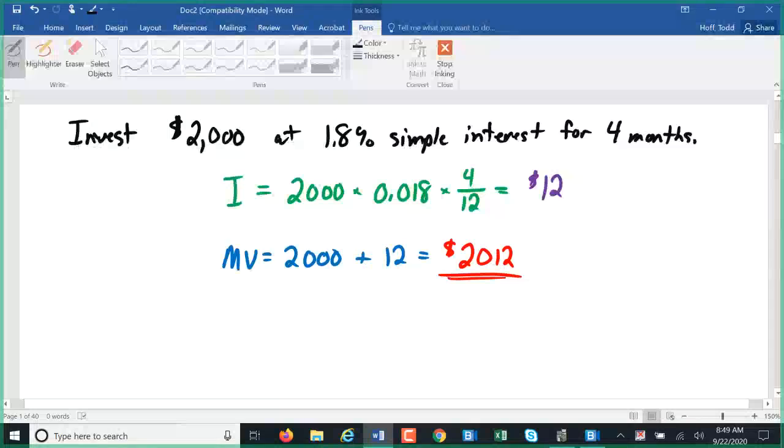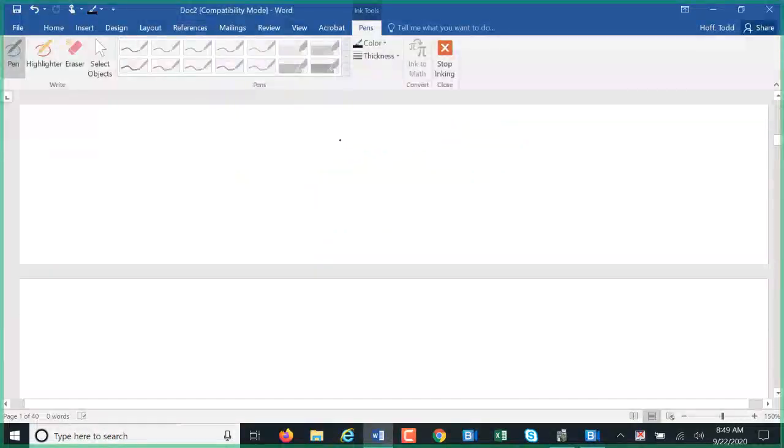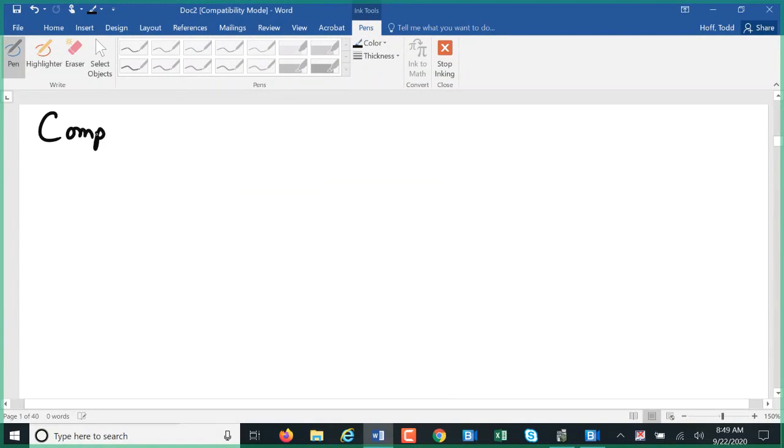So that's simple interest and how simple interest works. Next, let's take a look at what happens in those longer investments with something called compound interest.